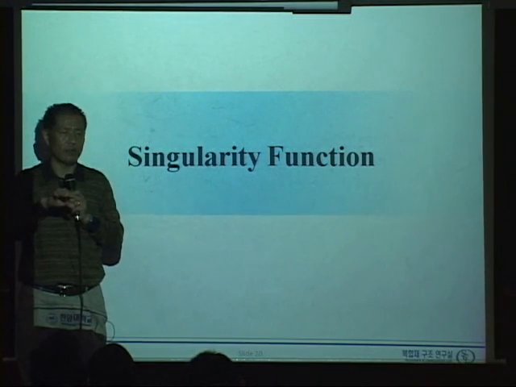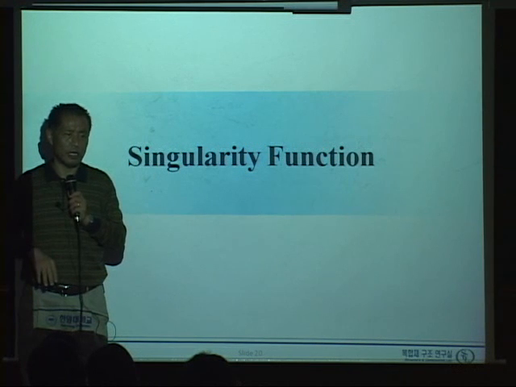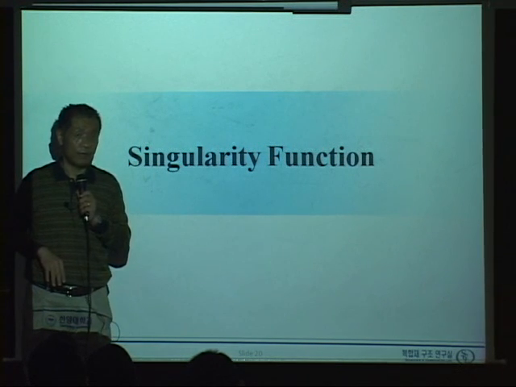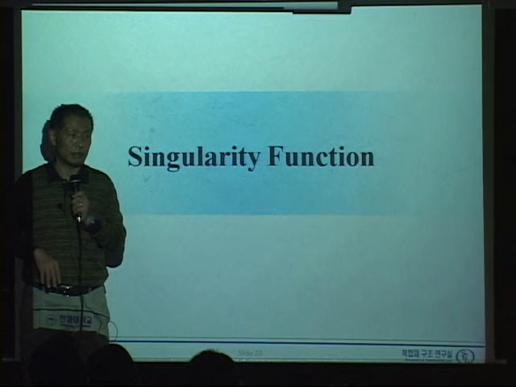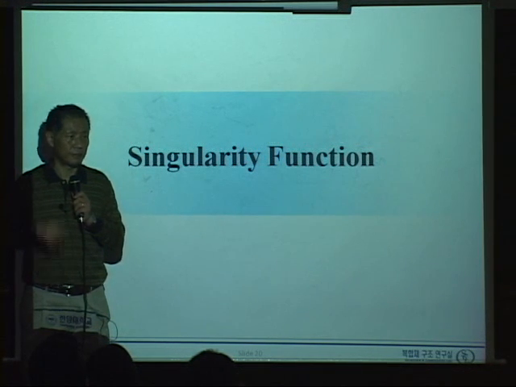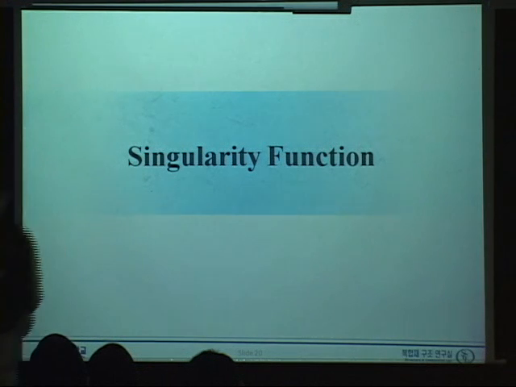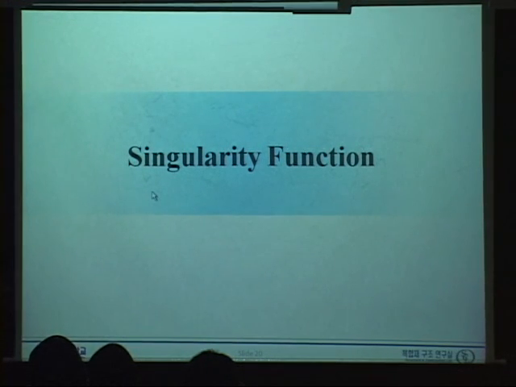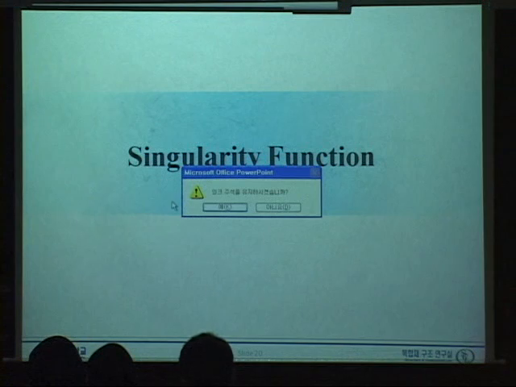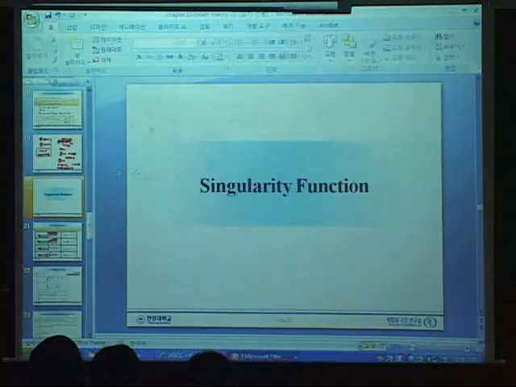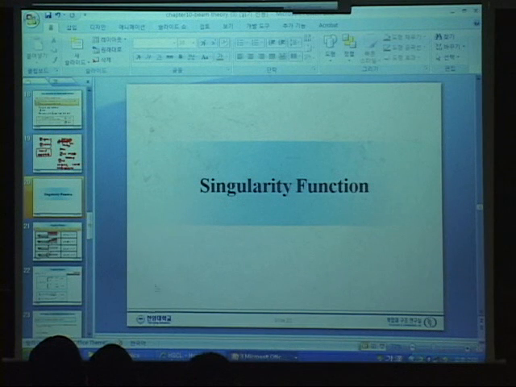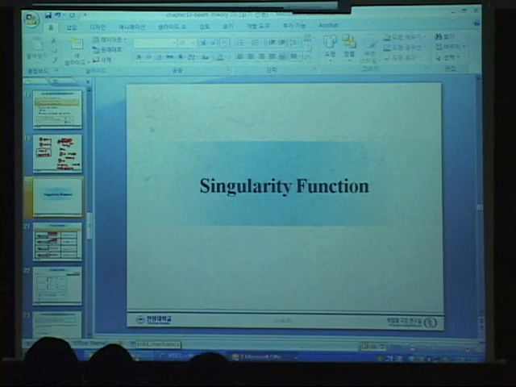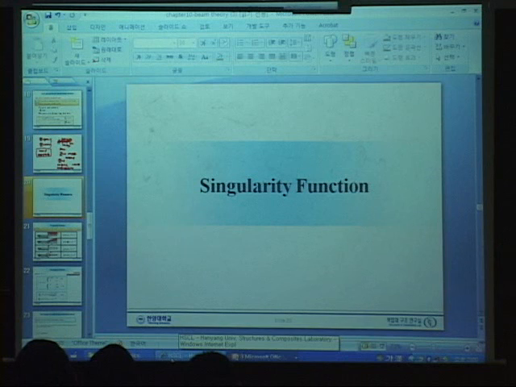So we can simply use those two differential equations to have internal force and bending moment as a function of x. That's what we have covered here. And the singularity function, I will come back to later. Any questions so far?